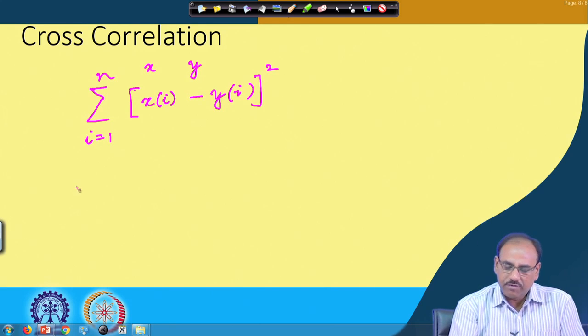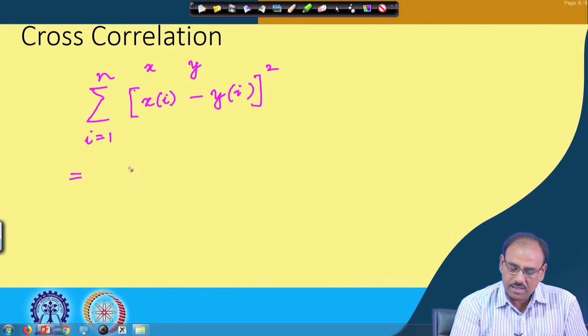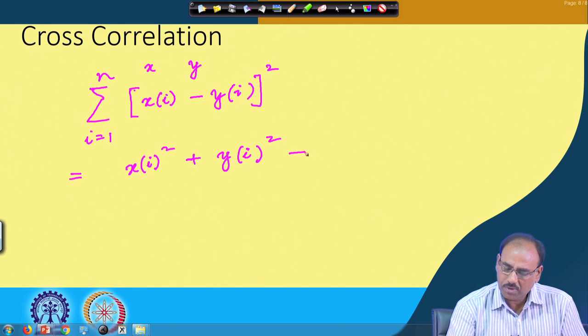So, here you find that if I expand this, it simply becomes x_i square plus y_i square minus 2 times x_i into y_i.